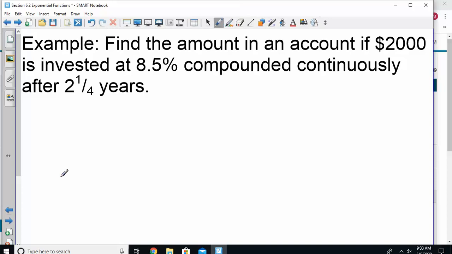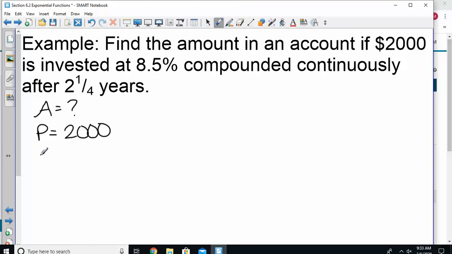Find the amount in an account if $2,000 is invested at 8.5% compounded continuously after 2.25 years. So, what am I looking for? A. What's my P? 2,000.